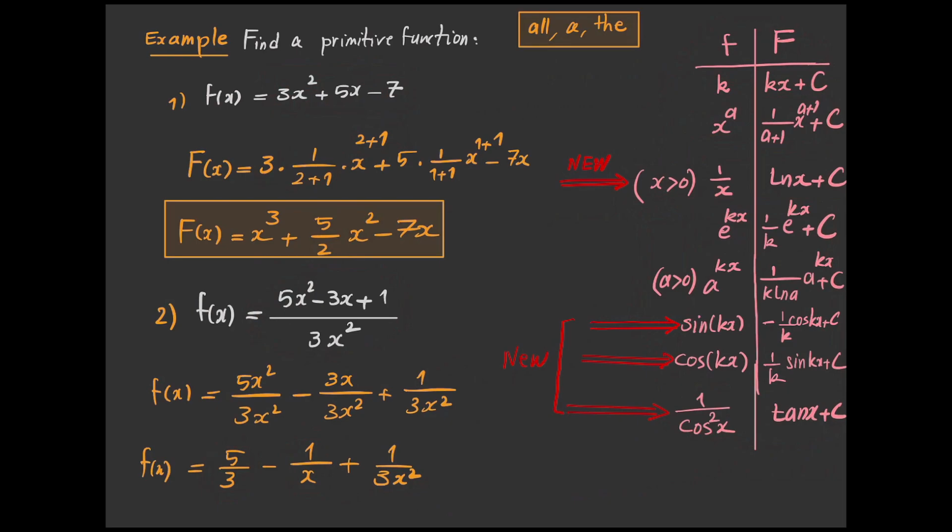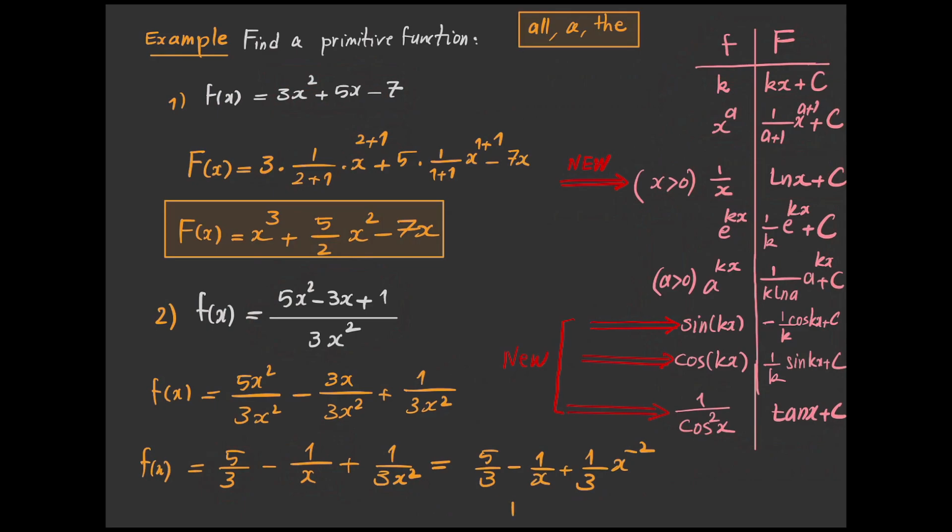It's not in the table. But you can switch it up, bring it up. Do I need to do the same thing for the other one? No, because for this particular one, I have a separate row. So it becomes 5 over 3 minus 1 over x plus 1 third of x to the power of minus 2. And now everything is ready.